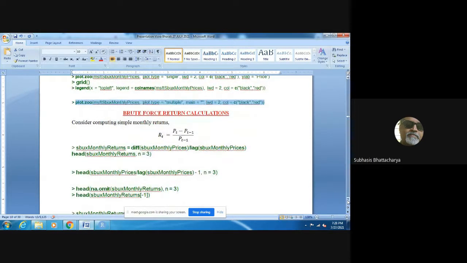So we are just going to calculate the return now. That is simply monthly return, and from historical prices with the help of XTS and SUBX monthly prices we first consider. So you consider the return calculation.